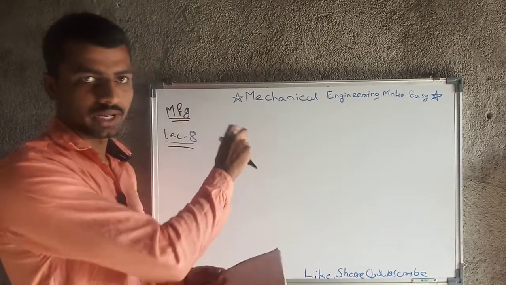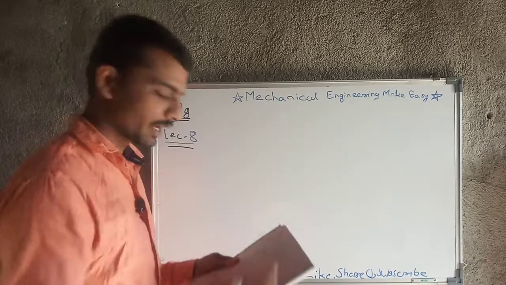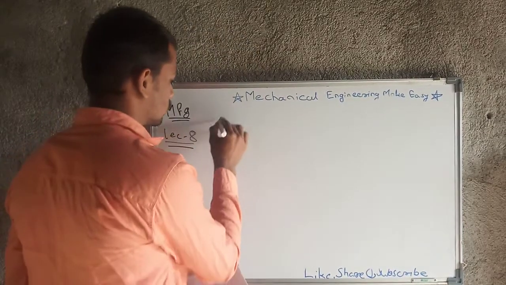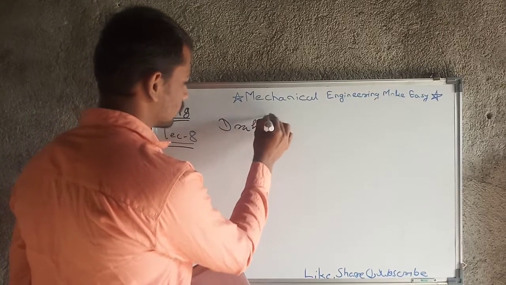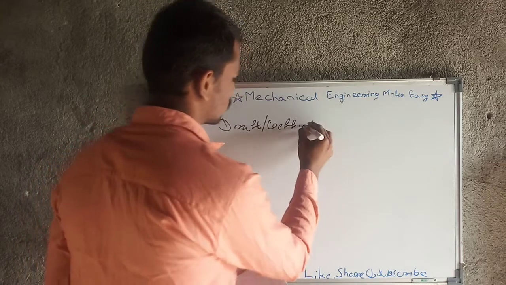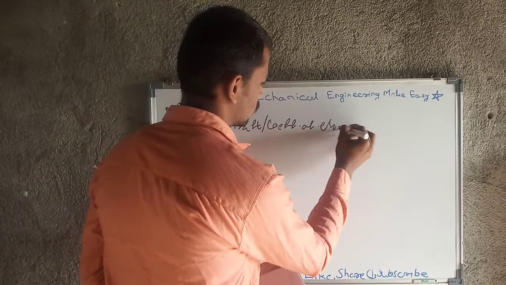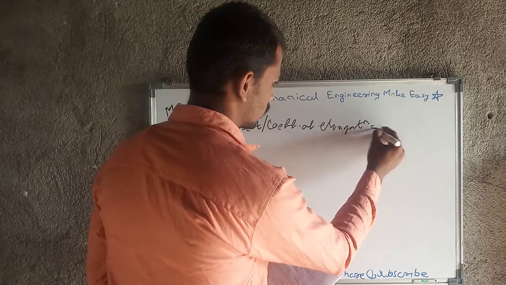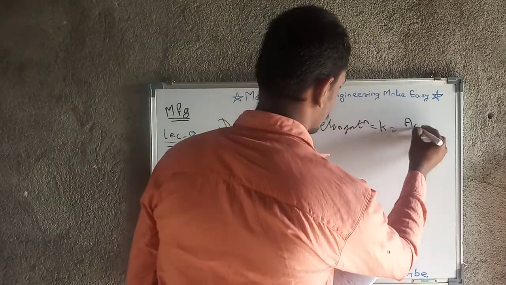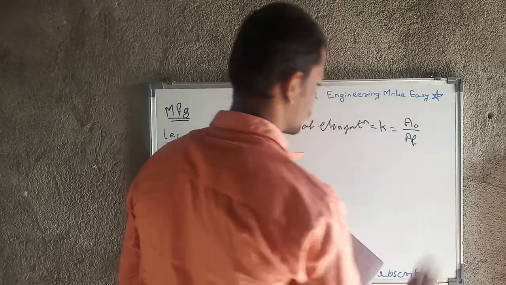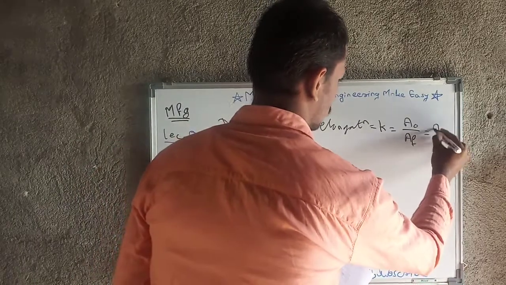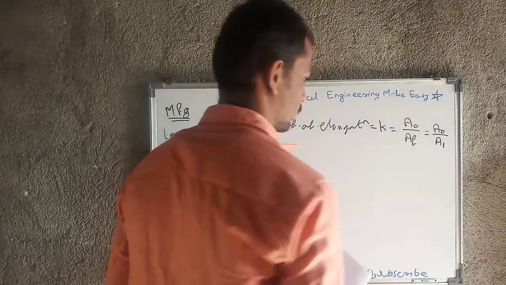As I have given the idea about the angle 2 alpha meaning die angle, then the draft, also known as the coefficient of elongation, is denoted by K, which is equal to original area upon final area, or original area upon A1.